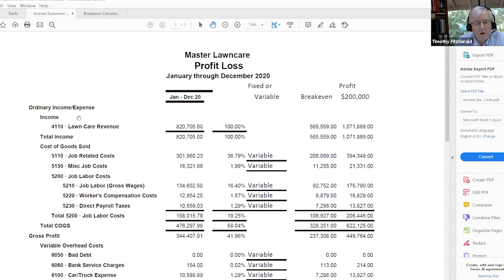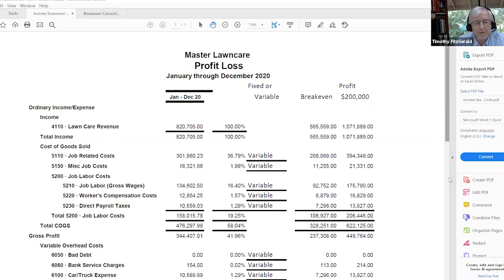And so we're starting off with your revenue up here. Then we have our job costs and labor, and we come up with gross profit. And I'm assuming for this example that these are all variable.